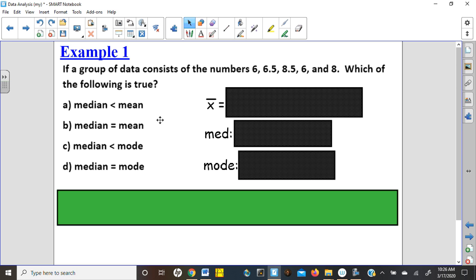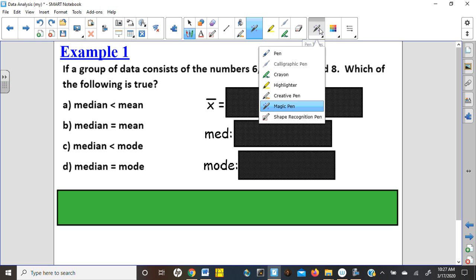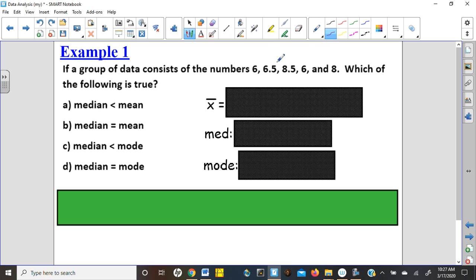Now, you could certainly just calculate these and then figure out which one makes the right answer, but if you ordered these, which we could do fairly quickly, looks like 6, 6, 6.5, 8, and 8.5. We could probably figure this out without even doing some heavy calculations.